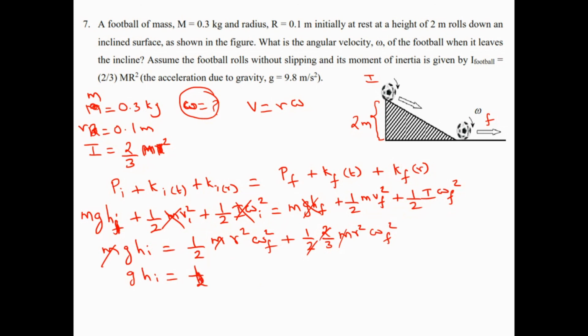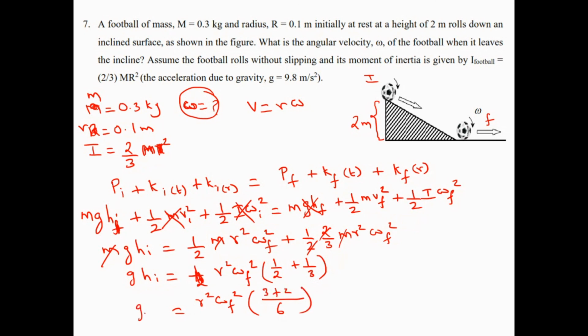So I can take r square and omega f square as a common term. So r square omega f square multiplied by 1 over 2 plus 1 over 3, right? And I'm going to take the LCM here. So therefore r square omega final square, inside the bracket I take the LCM, so this becomes 3 plus 2 over 6.